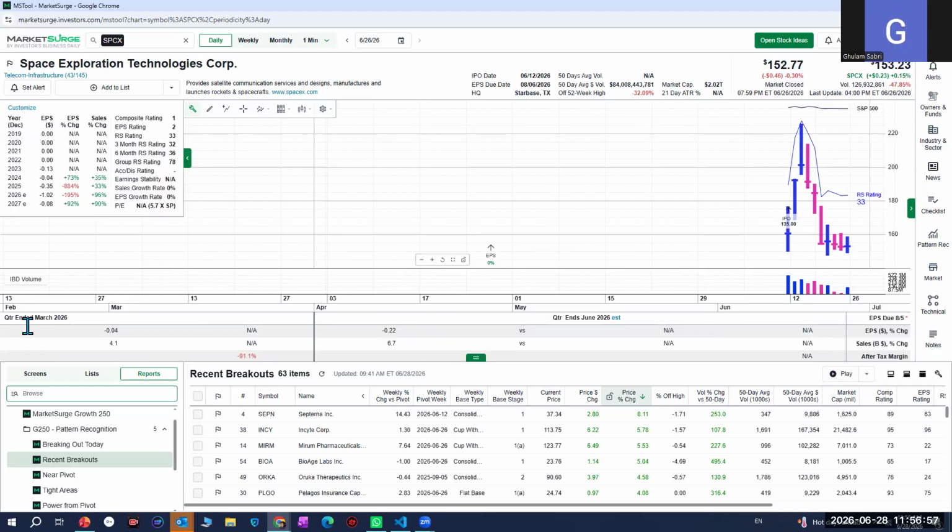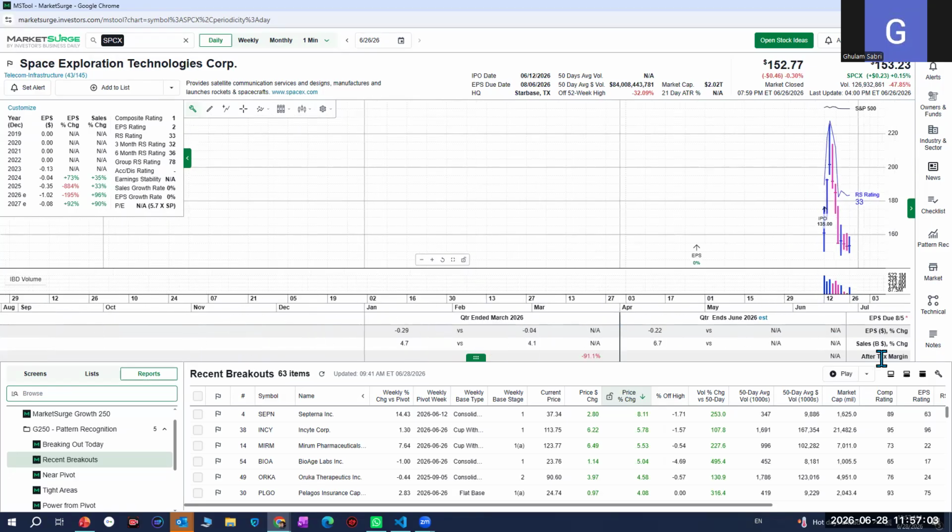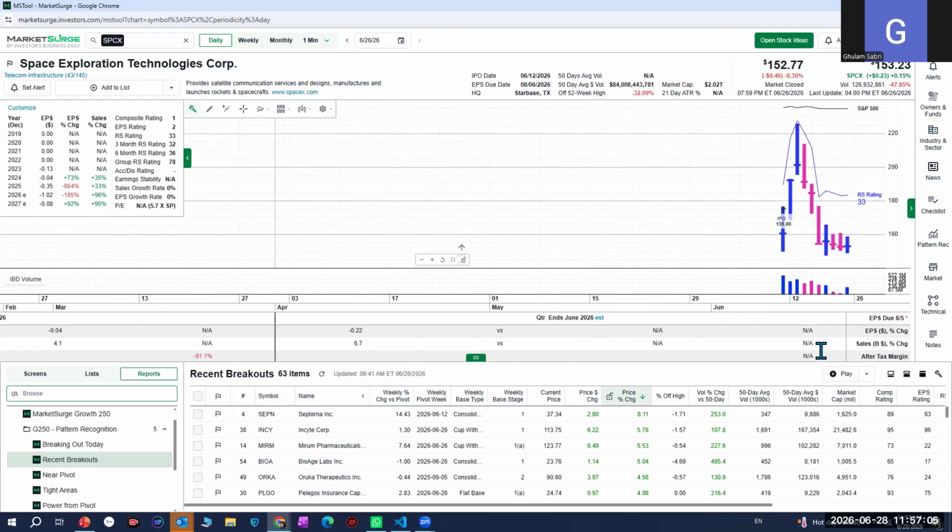Even in the quarter ended March 2026, when they filed the IPO, they mentioned a 91% decline in their tax margin. So it's all just kind of rocket action, in other words, speculation. People are just hoping, expectation, nothing else. So you will see this kind of wild action.